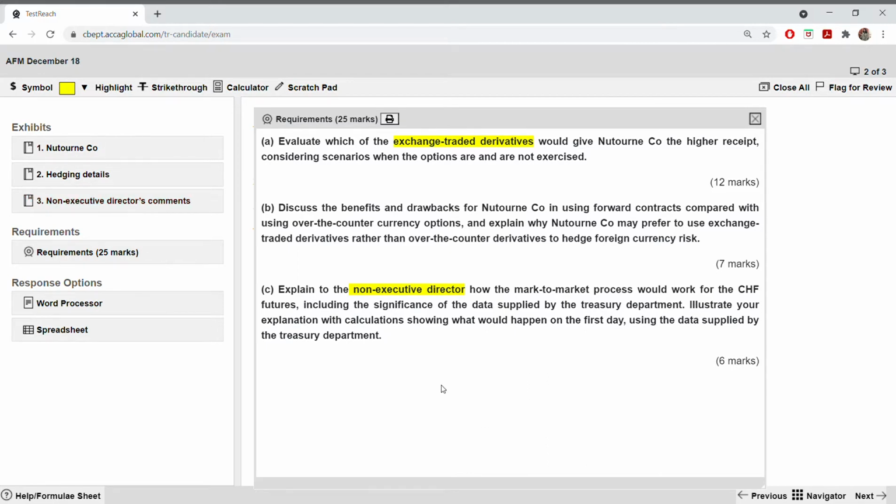So explain to the non-executive director how the mark to market process would work for the Swiss franc future, including the significance of the data supplied by the Treasury Department. Illustrate your explanations with calculations showing what would happen on the first day using the data supplied by the Treasury Department. So this is about mark to market. Definitely we are going to do this. Explanations and calculations. Okay. Let us start with the first.